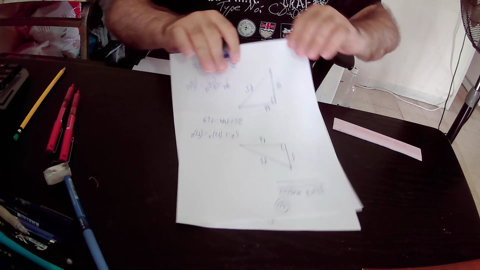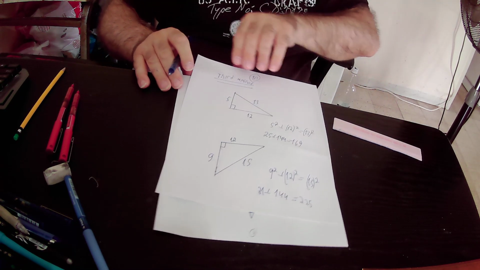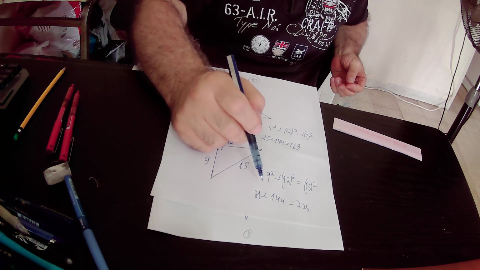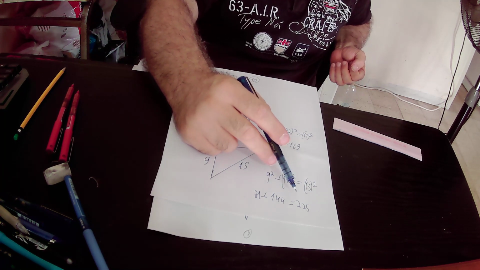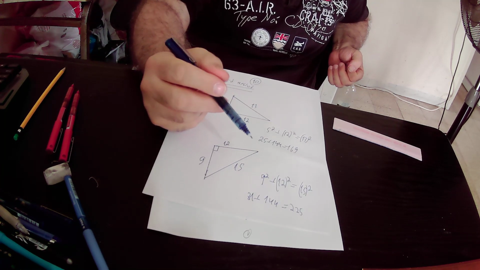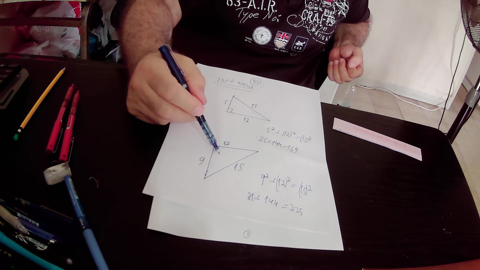You can calculate that 81 plus 144 equals 225. This is the proof that this is a right triangle.